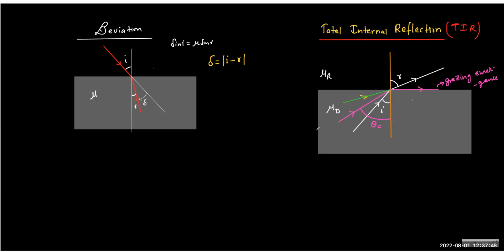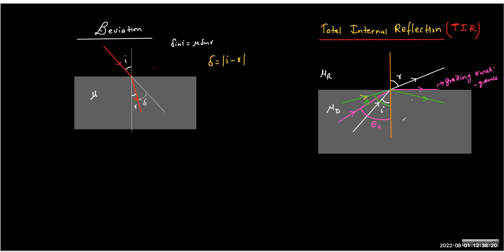Rather, we'll go back to the laws of reflection, and this light ray will turn back to the same medium. And the interface will act like a pure mirror, a mirror with 100% reflection coefficient. So any energy which is incident at any angle more than critical will always suffer reflection instead of refraction.